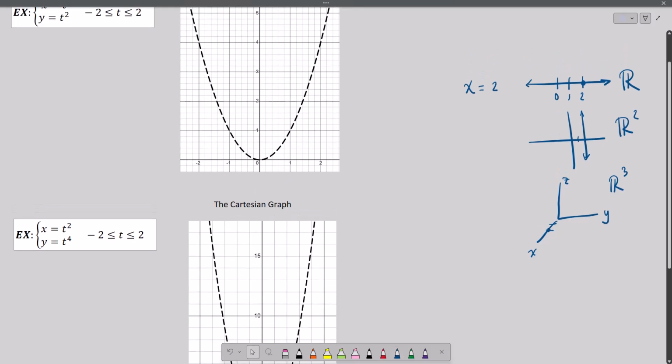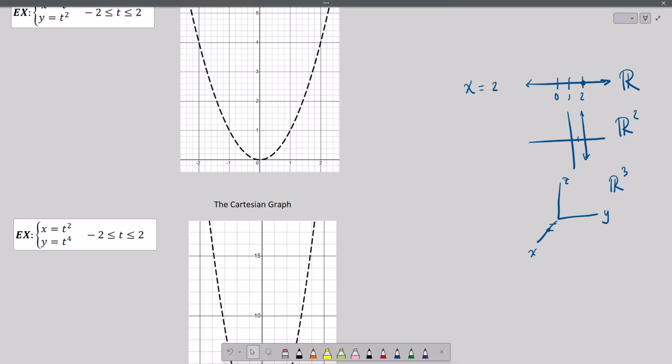But notice that when you graph x equals 2 in R2, it means you want all ordered pairs in R2 that have an x coordinate of 2. There is no y in this equation, which means y has no restrictions on it, so y can be anything, which is what pulls the point vertically and creates the entire line.